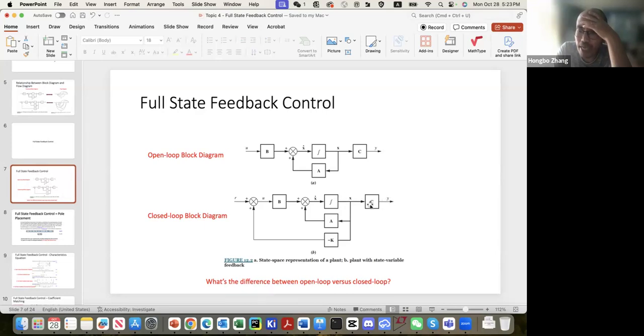Y equals Cx, and Du, where D is often the zero matrix, as you remember.